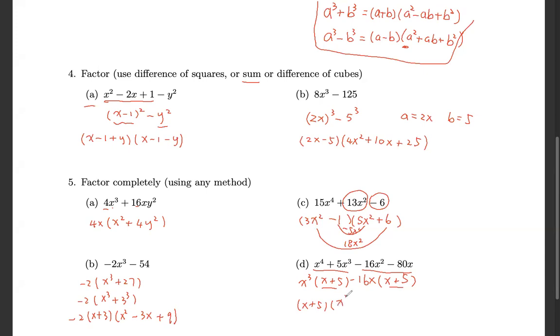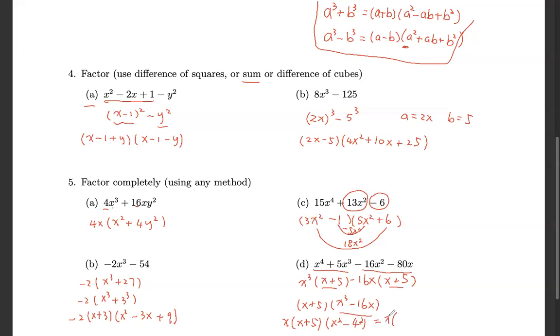So let's factor out x plus 5. Then in the first group we have x cubed, in the second group we have 16x. Now we see x is a common factor, so let's factor out x. Then we have x squared minus 16. Well, 16 is 4 squared, a difference of two squares.